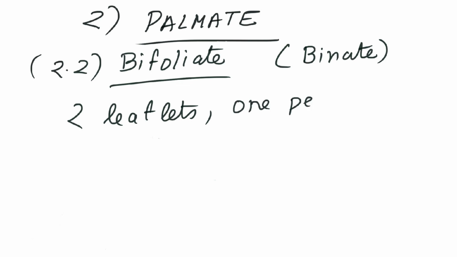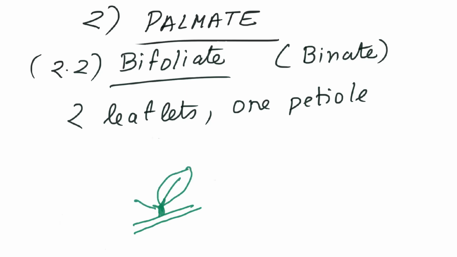So as I already told, once again reiterating, a single petiole from which, note the point, it's not two leaves coming out of a petiole, it's two leaflets. That's why it's coming under palmate. So note that point, it's leaflets, not leaves.